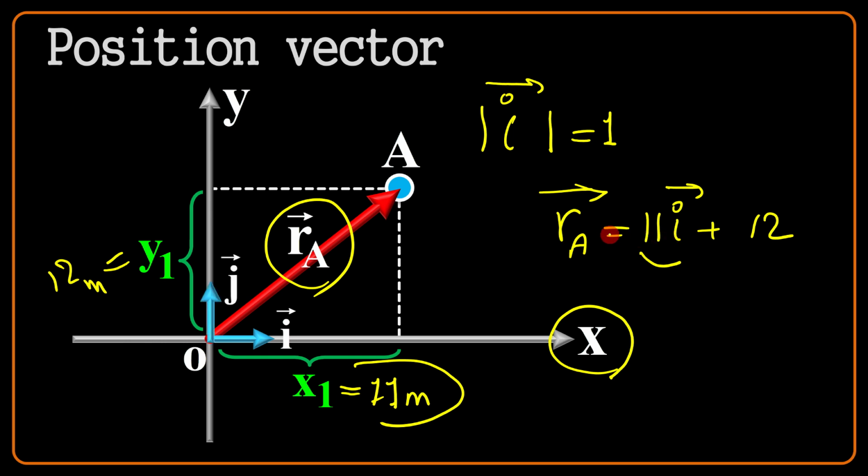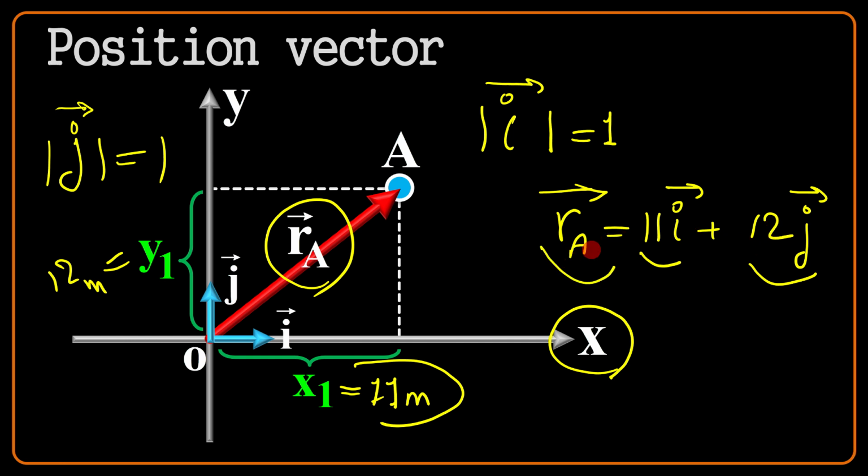Likewise, on the vertical axis, I can define j. j is the unit vector on the vertical axis, and the magnitude is 1. If I multiply 12 by j, here I have a vector with the size of 12, but it's a vector. Now it's meaningful to write r is the vector sum of a horizontal vector with the length of 11 and a vertical vector with the length of 12.